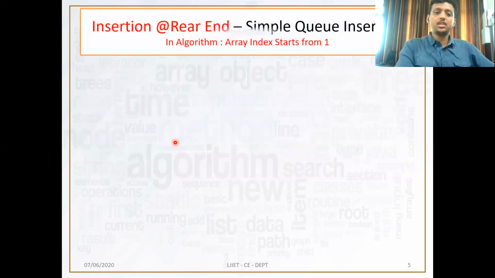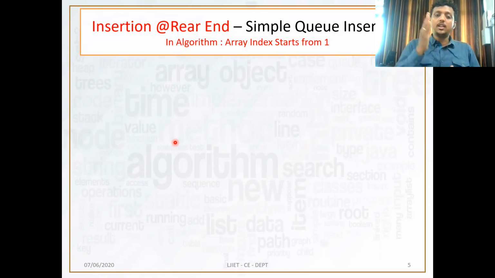So the first algorithm is insertion at rear end. Now you tell me, then I'll show the steps. The first step for insertion in simple queue, remember that: what is the first step? Whether the queue is full or not. That means check the overflow condition.